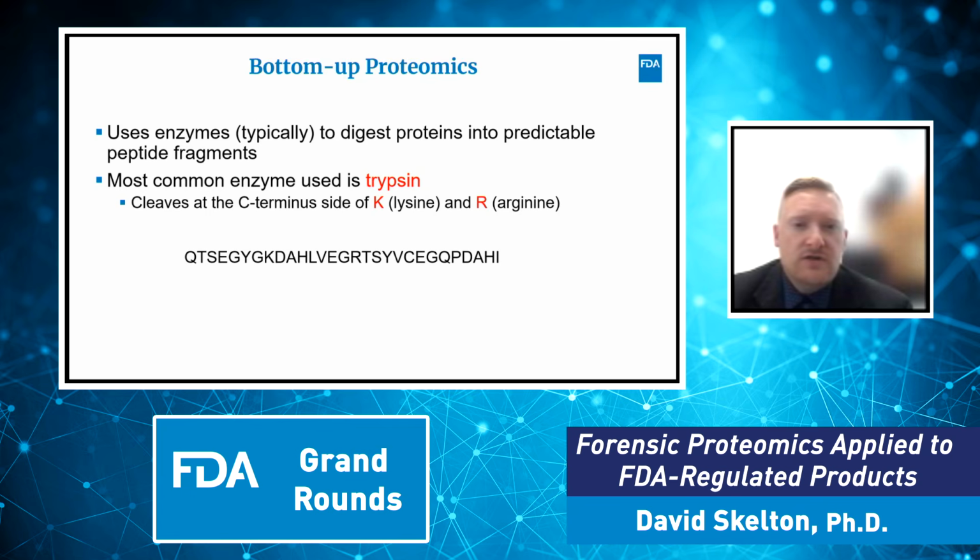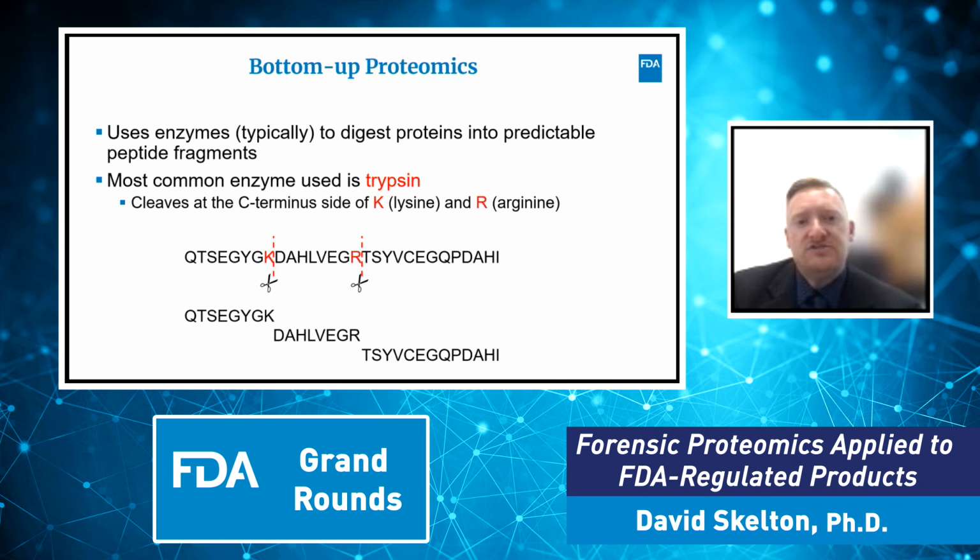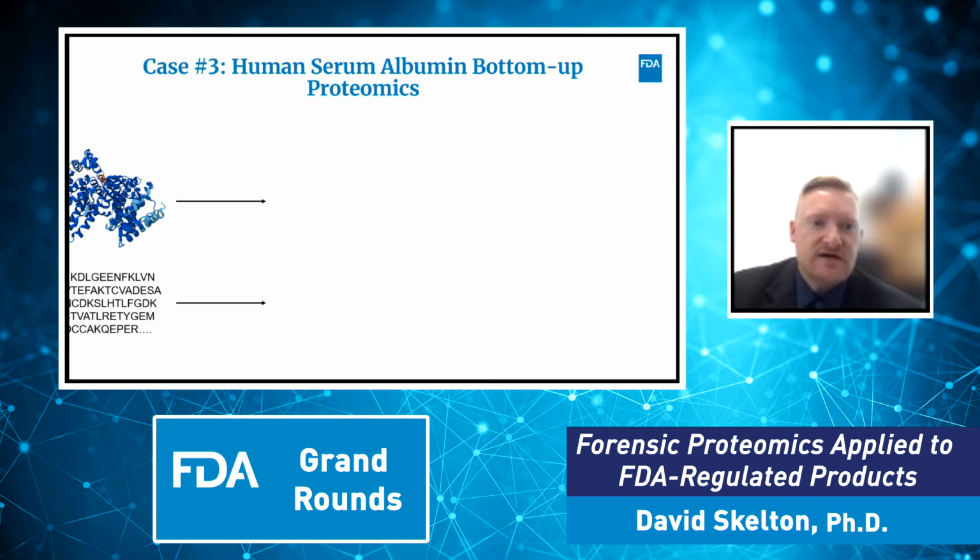So a theoretical protein sequence here, if it was reacted with trypsin, would cleave at these two amino acids here, lysine and arginine, and you would generate 3 theoretical peptides. These peptides are then subjected to our LCMS analysis, and we would analyze each one the same as we had previously discussed.